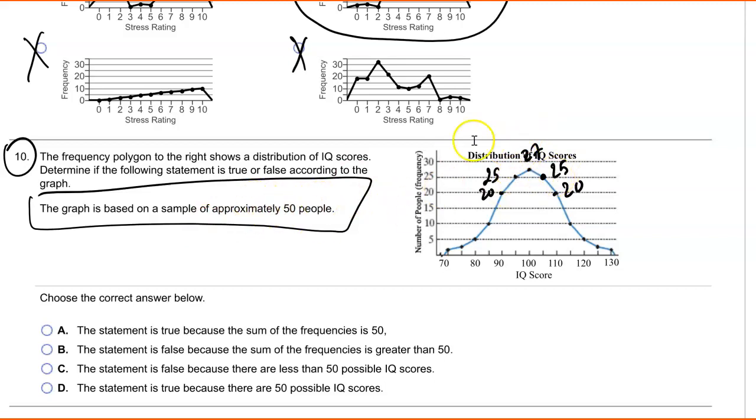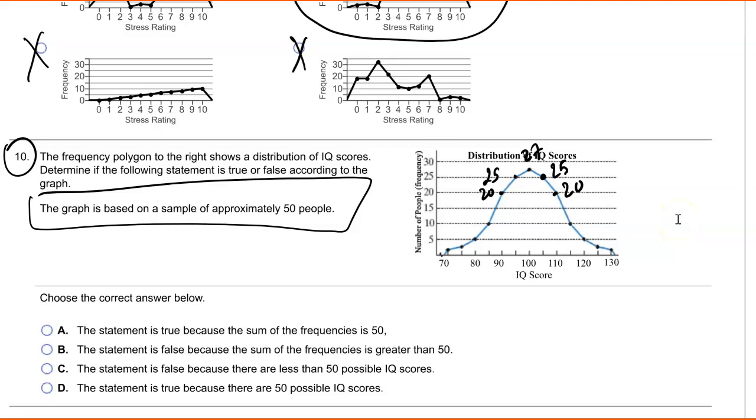Therefore, this frequency distribution is not based on a sample of approximately 50 people; it has to be more than 50. Obviously, you can see that these two data values have frequencies that add up to 50 already, and you have more frequencies to add. Obviously, the total number of frequencies is going to be more than 50.